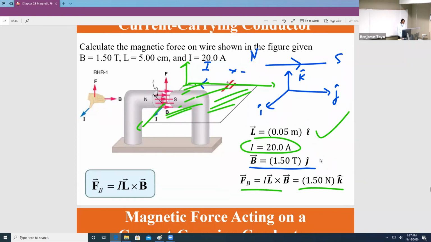So in this case, the force is pointing up. If you know how to use the right-hand rule, your thumb is pointing in the direction of the current, and the rest of your fingers are pointing in the direction of the magnetic field here.